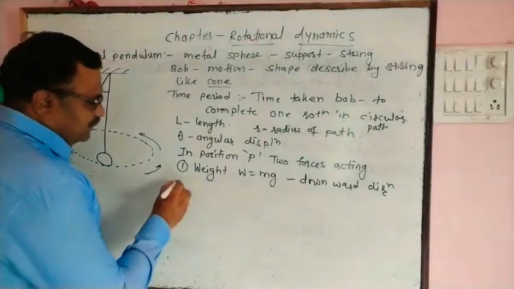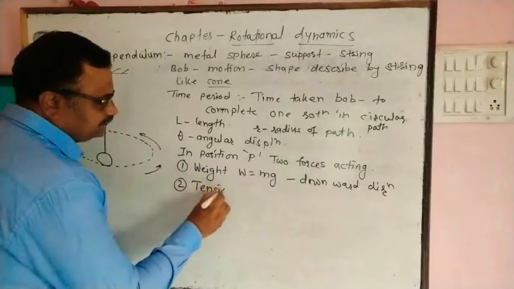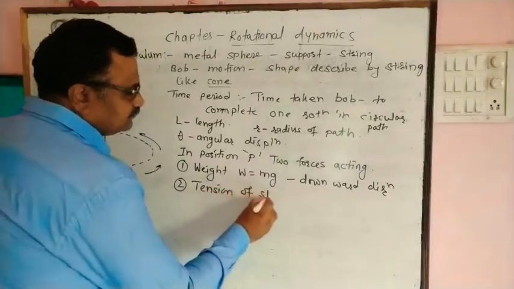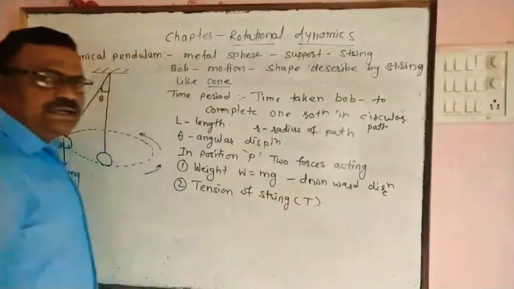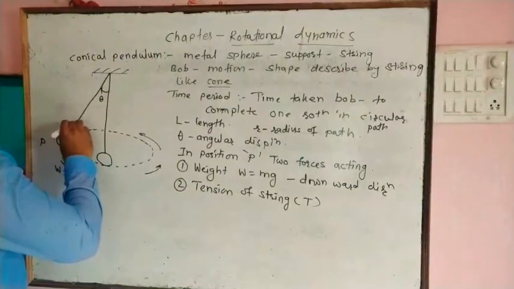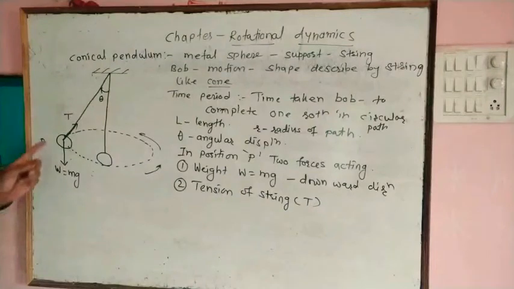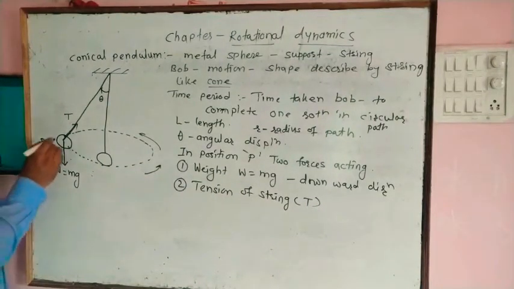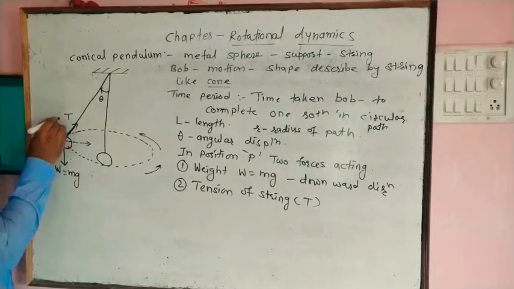This is the first force acting. Now, the second force acting is known as the tension of the string. Tension of the string is denoted by T, and this is the second force acting on the bob. Now suppose we produce two different axes, axis number 1 and axis number 2.